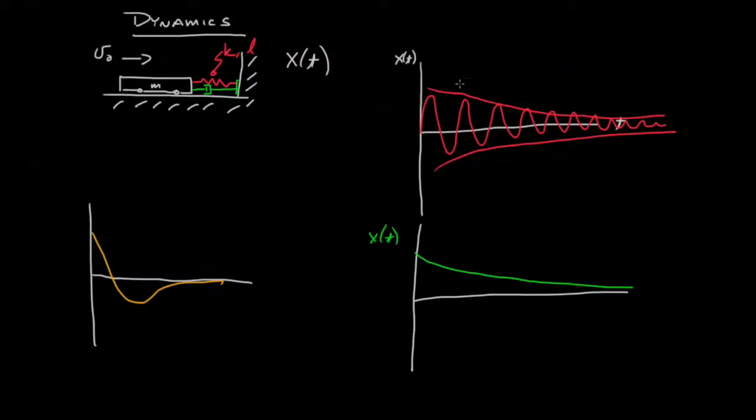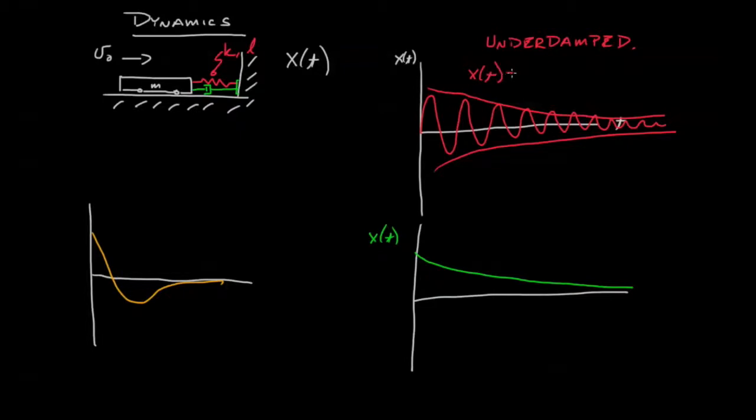Right here, we see the biggest influence on motion is the spring. And that is what we call underdamped. If you were to take a look at this, you could probably make a guess as to the general form of position as a function of time.